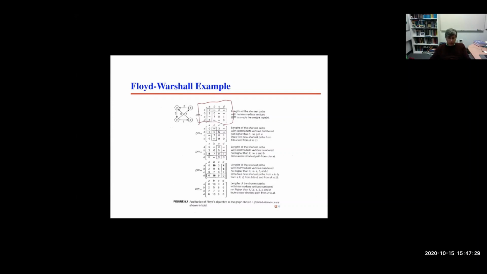We started out with the adjacency matrix. If vertex A is allowed as an intermediary, which pairs of vertices will we be able to find shorter paths between in this graph?